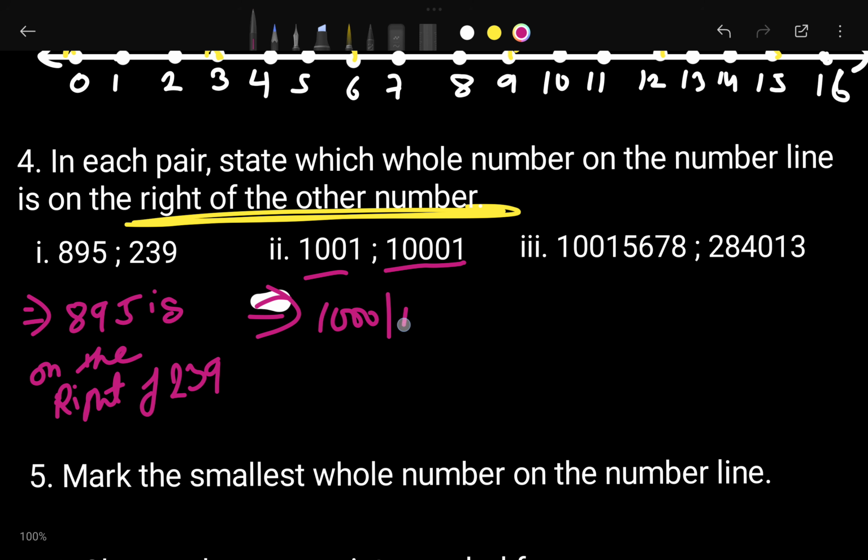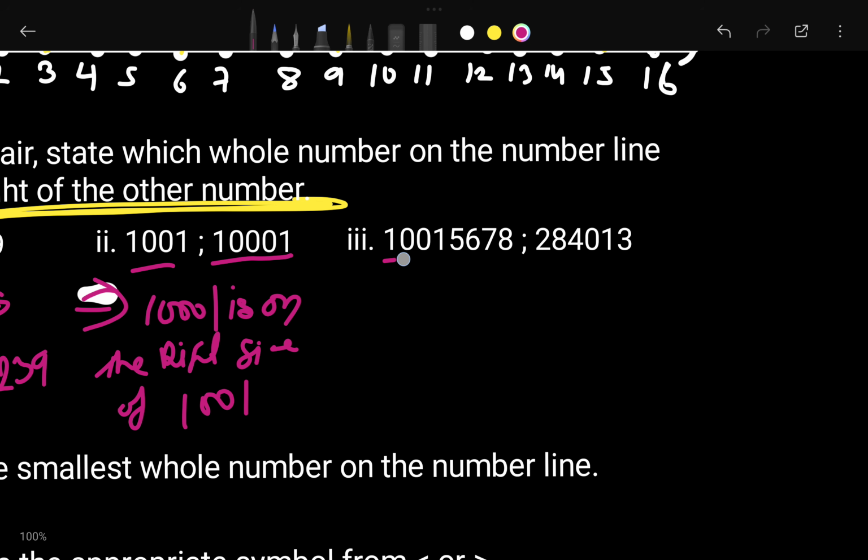Okay, 10,001 is on the right side of the 1001. Okay, that's enough. Now if you count, this is ones, tens, hundreds, thousands, ten thousands, lakhs, ten lakhs, crore. This is 1 crore and this is 2 lakhs.